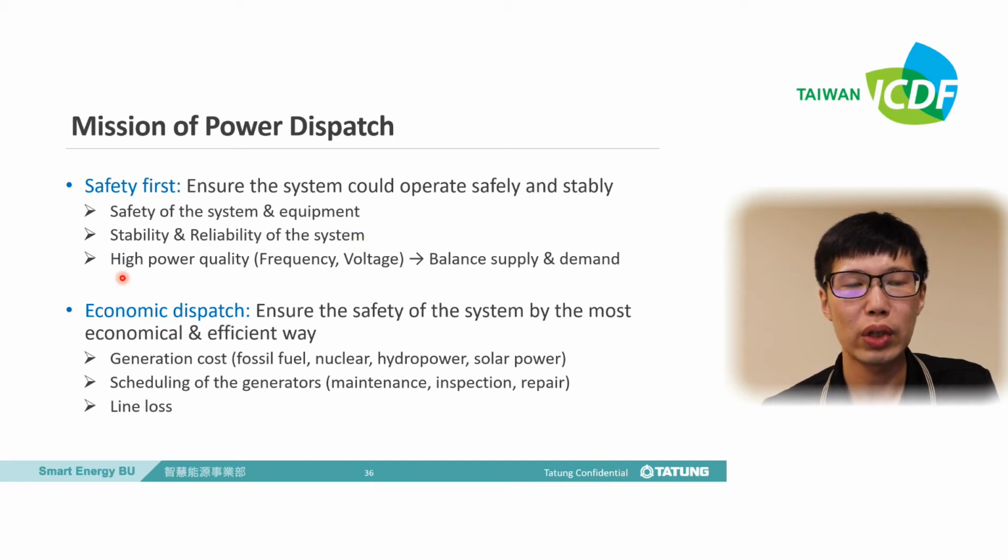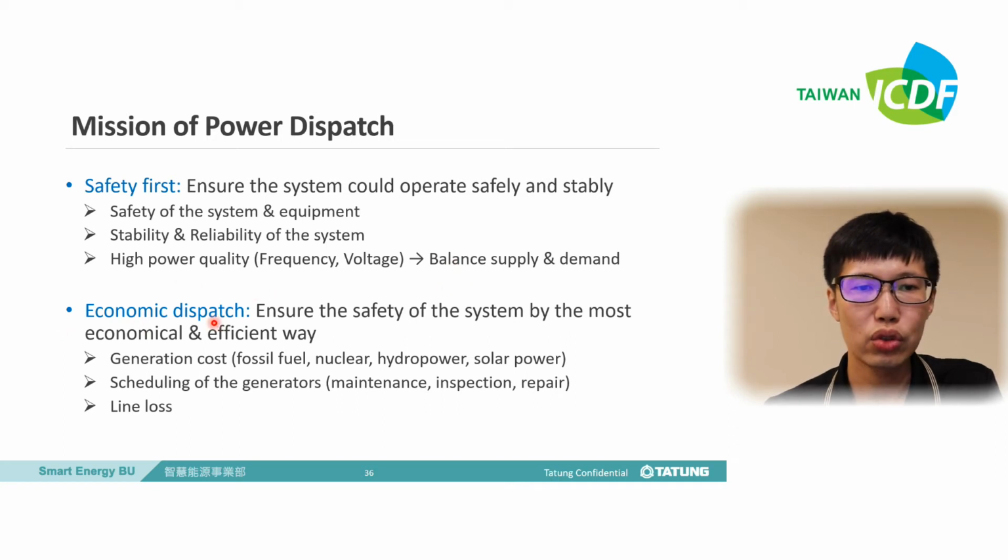And the system should provide power with high power quality. It means the frequency and voltage should be in a specified range, which means the supply and the demand should be balanced at all times.